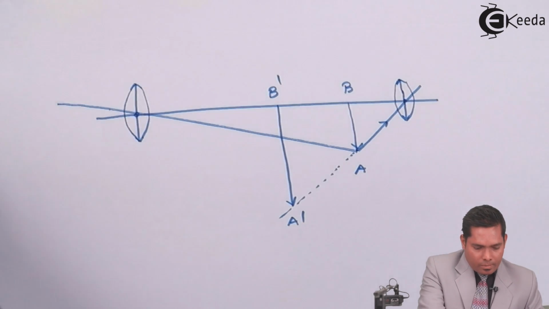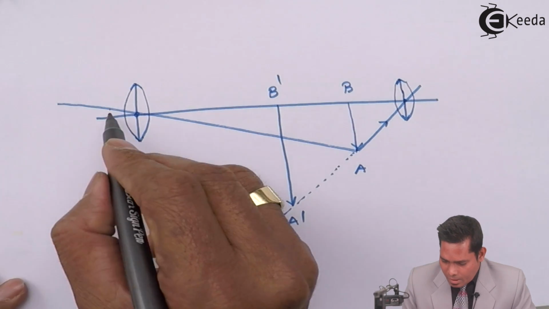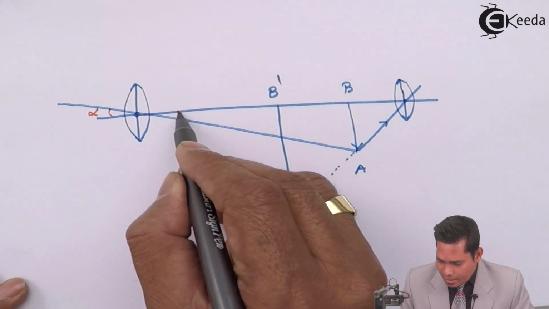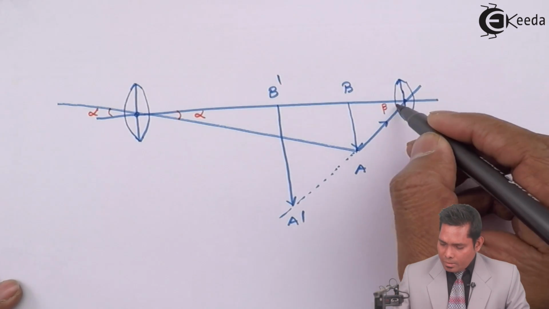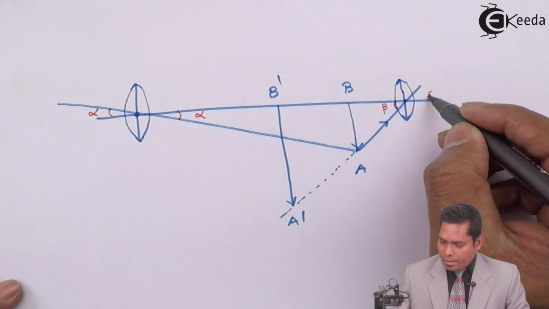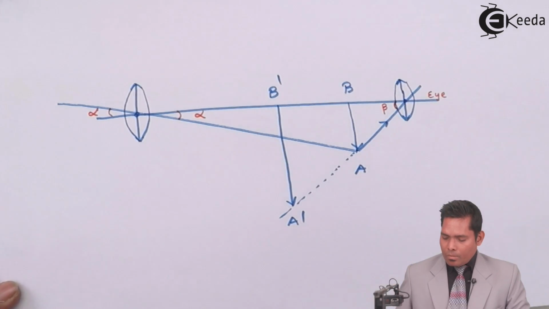This angle is alpha, this angle is alpha, the alternate angle, this angle is beta, this angle here I, this is the eyepiece.